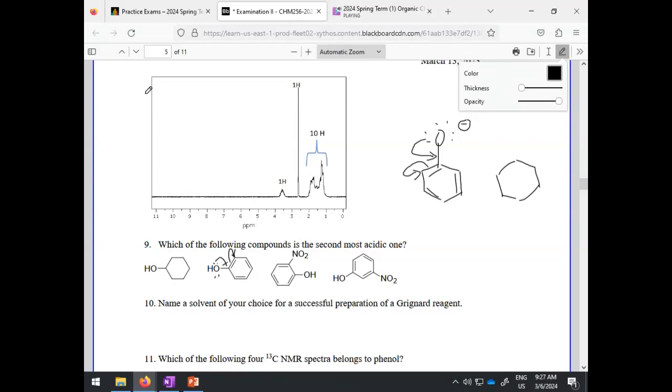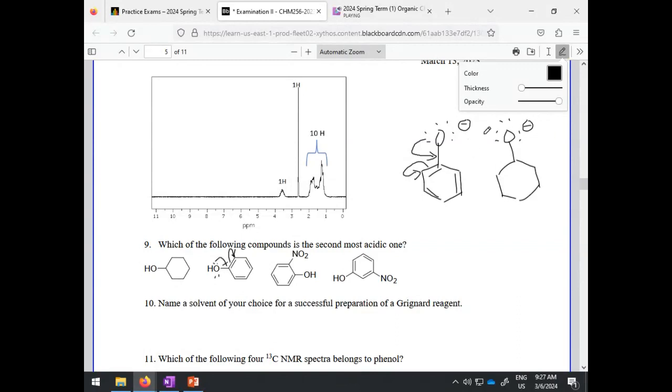That means all phenols, each one of them, will be more acidic than cyclohexanol, because in cyclohexanol there's no mechanism that can let this oxygen lone pair be delocalized. No mechanism.